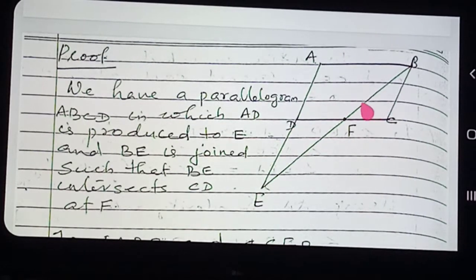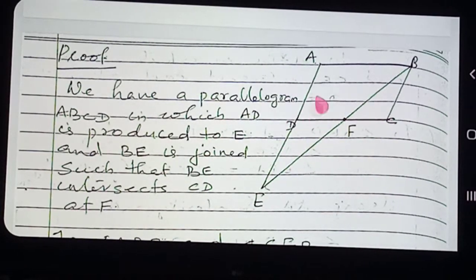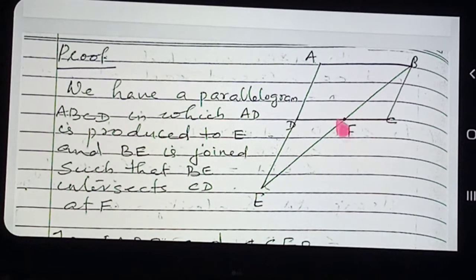Can you prove it, do you think? Did you get any idea?